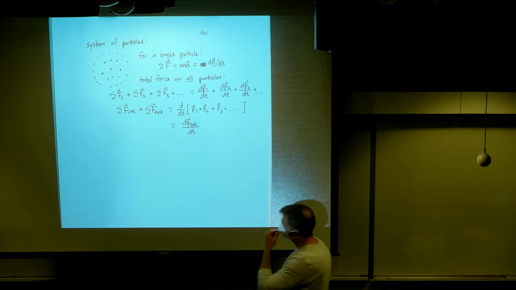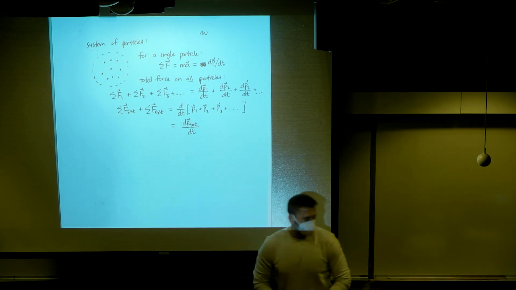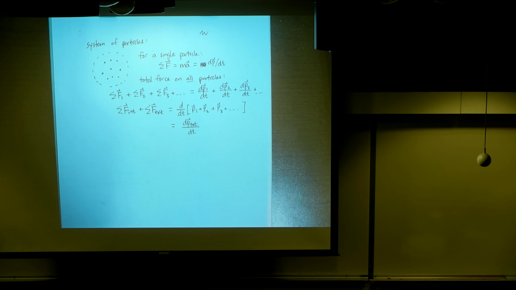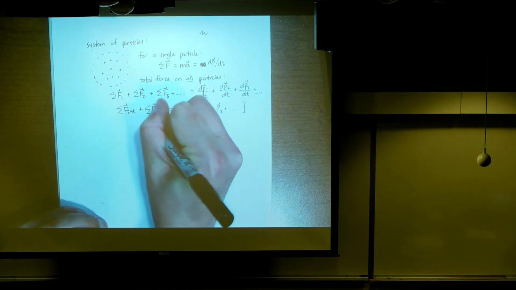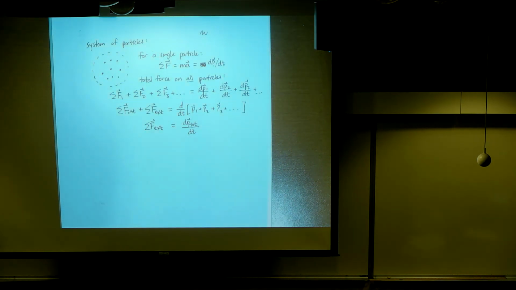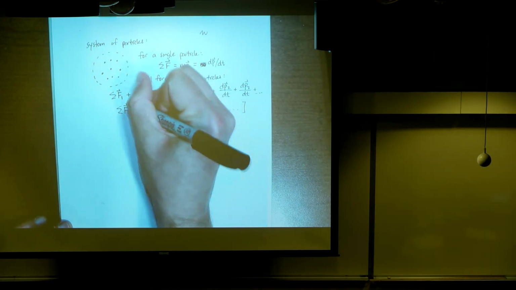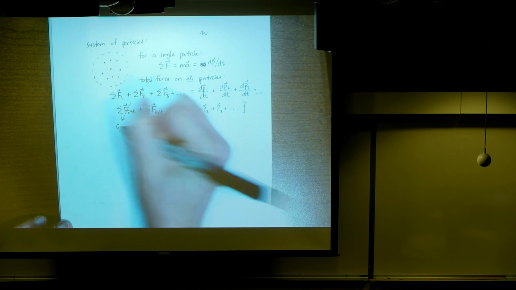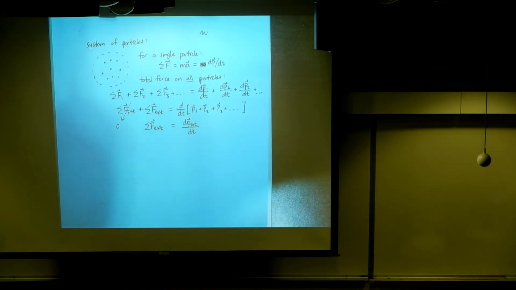That's the right side. Okay. On the left side, we have the sum of external forces. I'm going to make an argument that the sum of the internal forces is going to go to 0. So let me explain why that is.